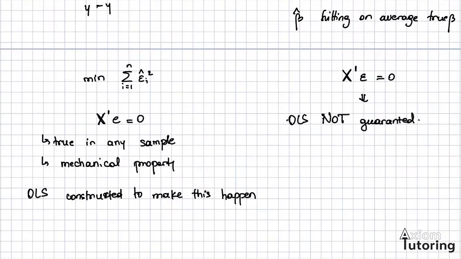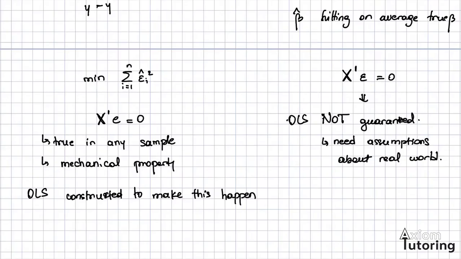In fact, for this condition to be guaranteed, we need what we call assumptions about the real world, about the data generating process where this error term is coming from, something that the estimator cannot enforce by itself.